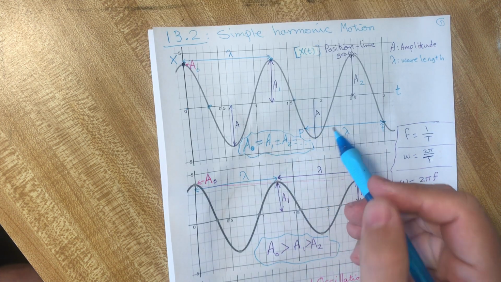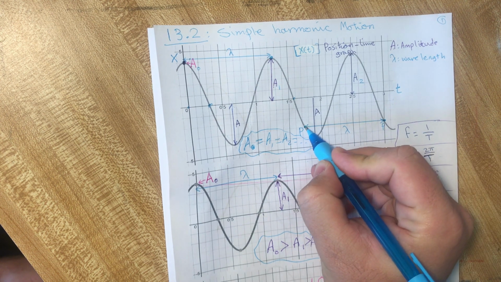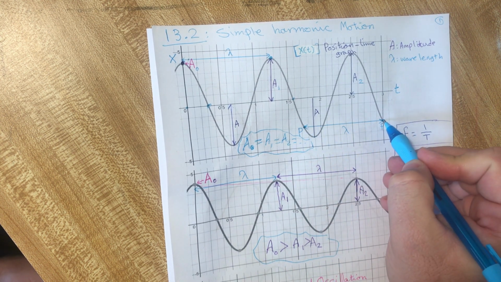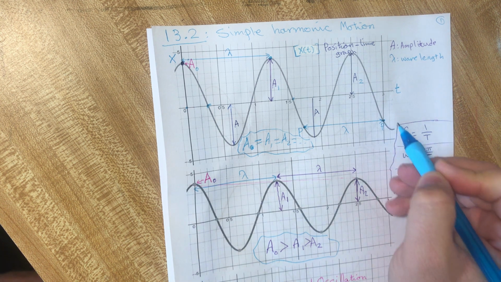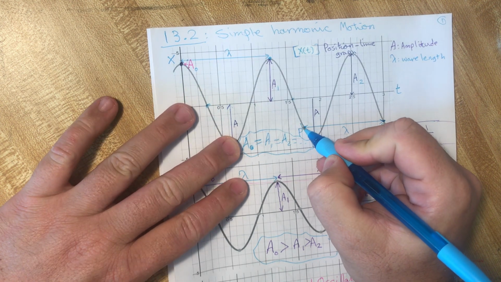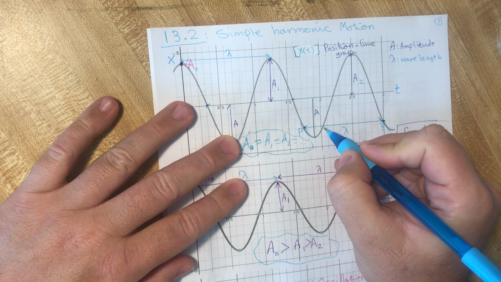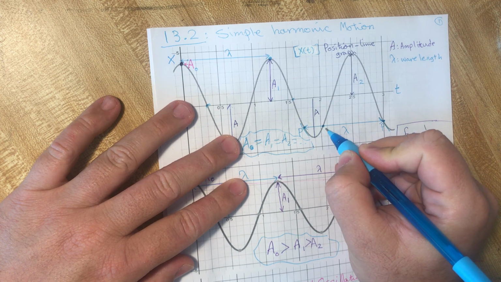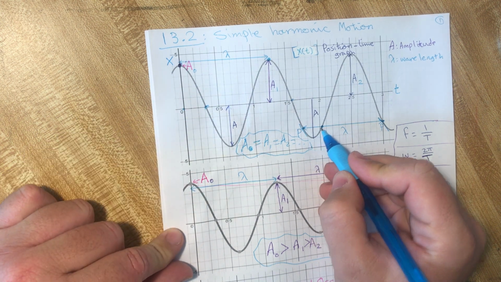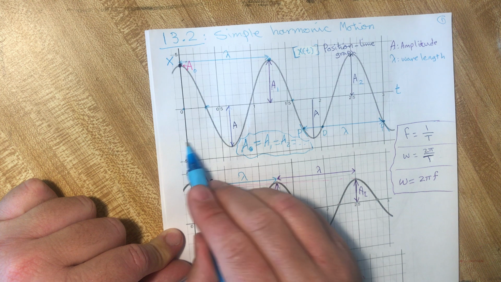Also here, if we choose two corresponding points, P and P, they have the same position and the same slope at that point. The slope at this point is negative, and the slope here is also negative. We can see this point, which we can name D. It is the same position as P, which is negative 3, for example.